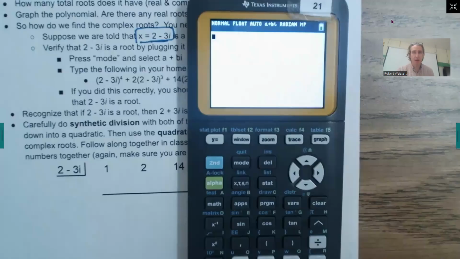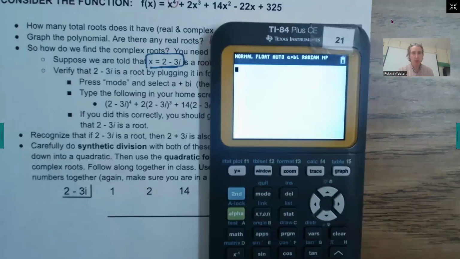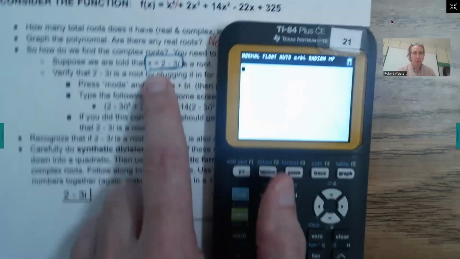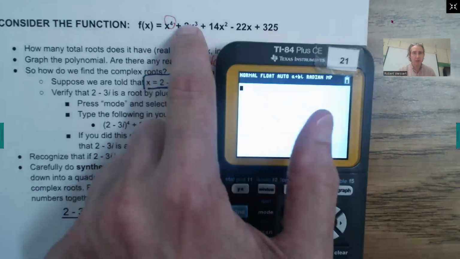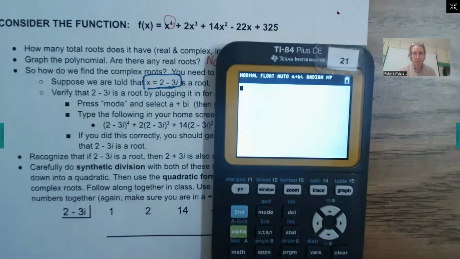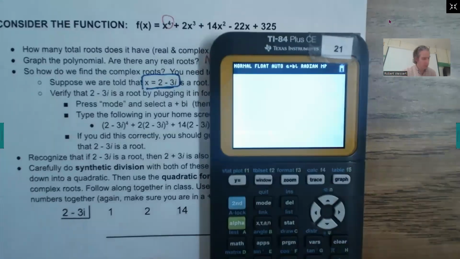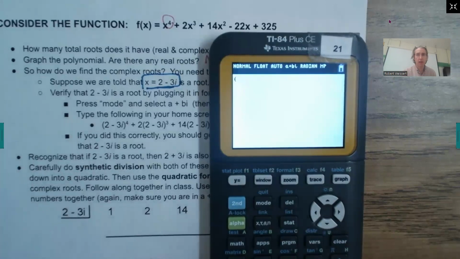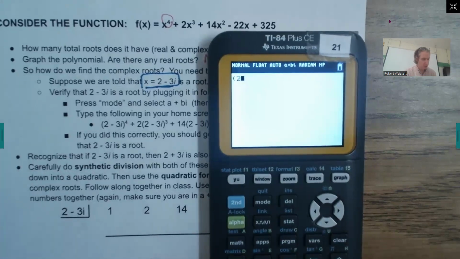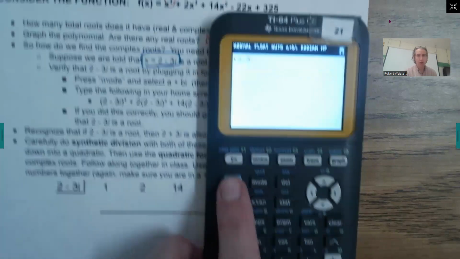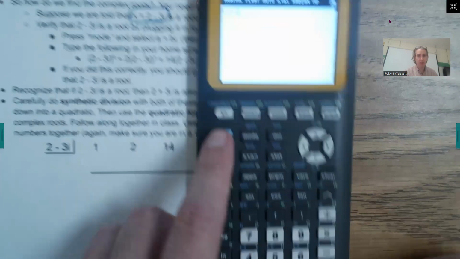Take it out of there. Now you're in the a plus bi mode. We're going to take our complex root and we're going to substitute it in for all values of x. The way you do that is you put parentheses around what you're plugging in. Since our root is 2 minus 3i, you're going to type 2 minus 3 in parentheses.